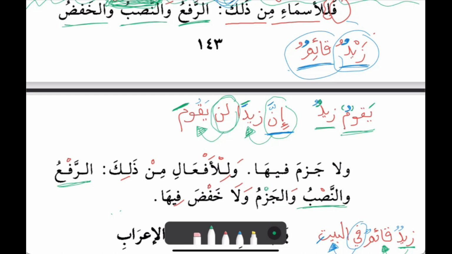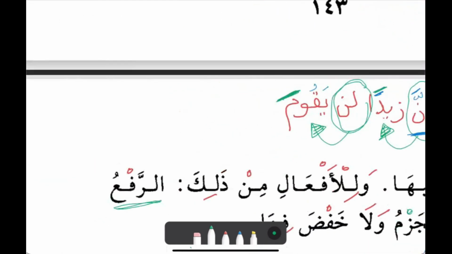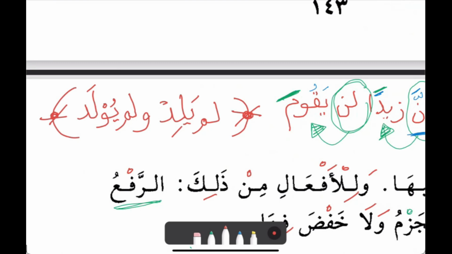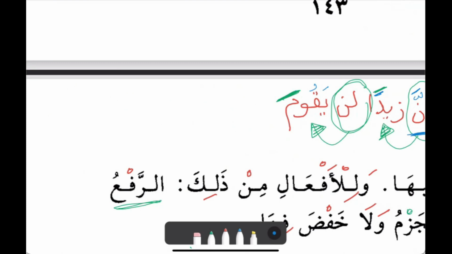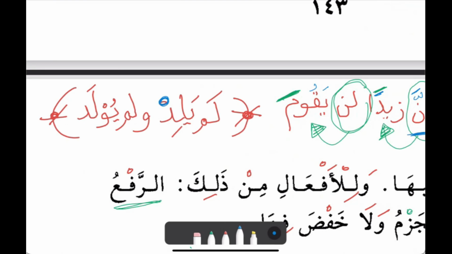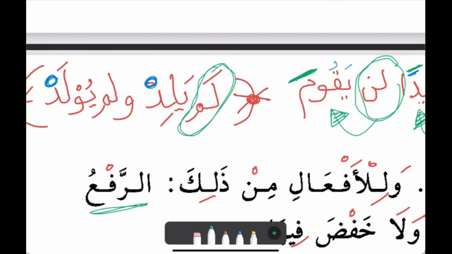Let's look at jazm. For example, Allah Ta'ala says, Lam yalid wa lam yulad. So there's sukoon on yalid and sukoon on yulad. Why? Because lam, harf jazm, is a particle of jazm. Wa nafi, and it's a negating particle. Wa mudi, and it's a past particle. Past, not future.